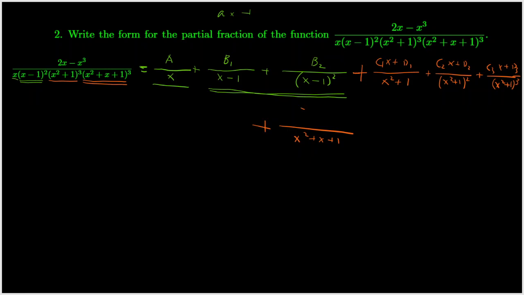Now I have to use E and F and so on. So maybe e1x plus f1, and then x squared plus x plus 1, the whole thing squared, e2x plus f2, and then the last term, x squared plus x plus 1 cubed, e3x plus f3.